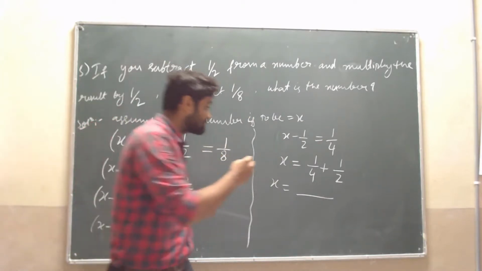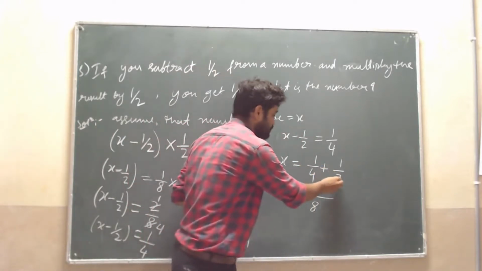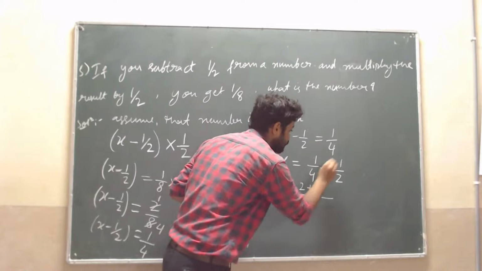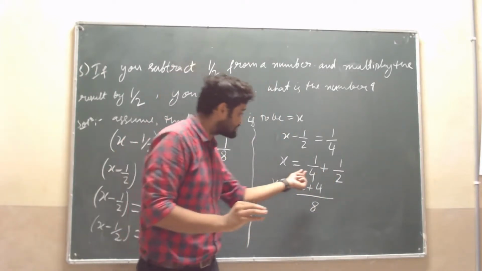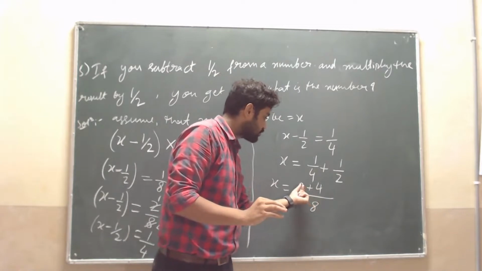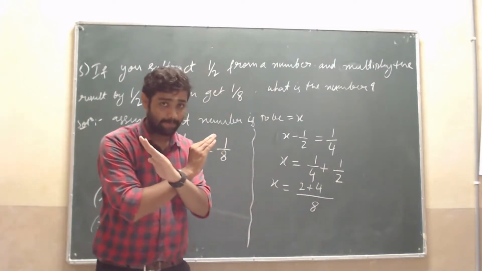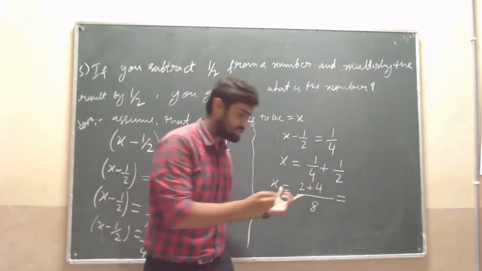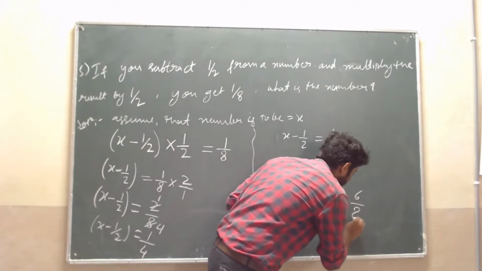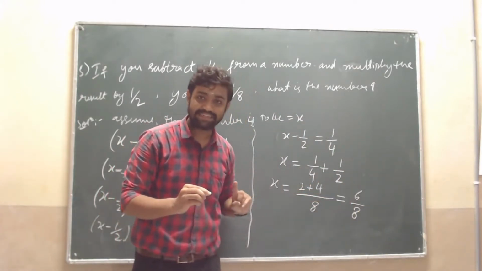I will take a simple one: 4 2s are 8 and 2 1s are 2 and plus 4 1s are 4. It's cross multiplying. Then 2 plus 4 is 6 by 8. See here, 2 plus 4 is 6 and 8 is here 8.